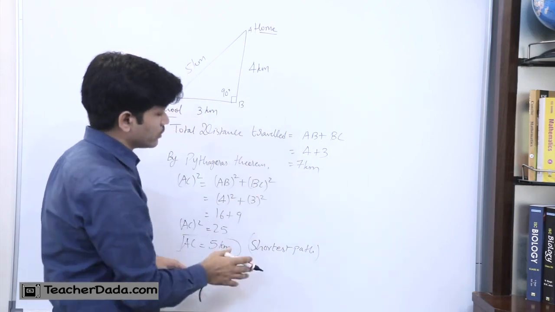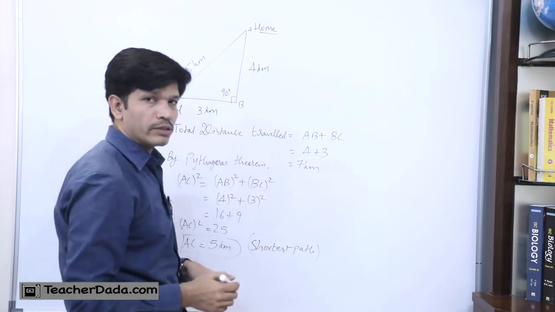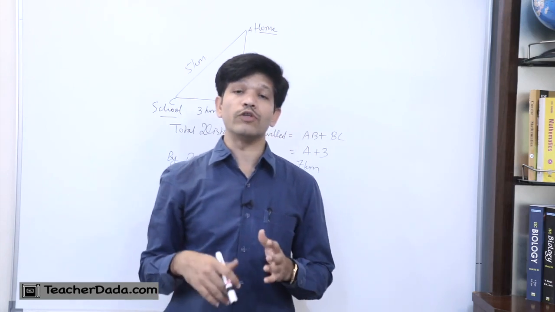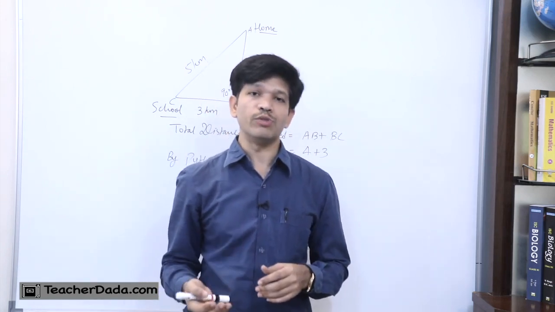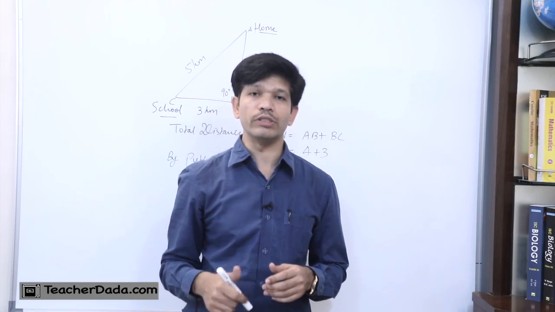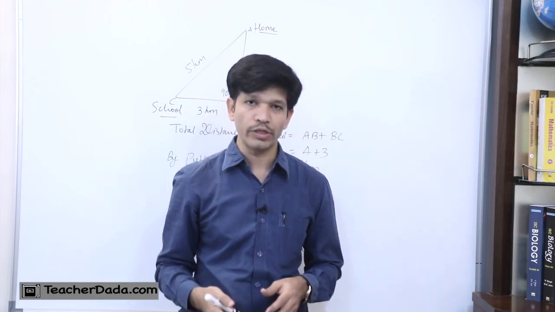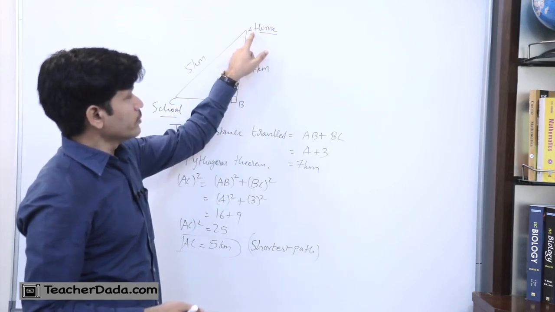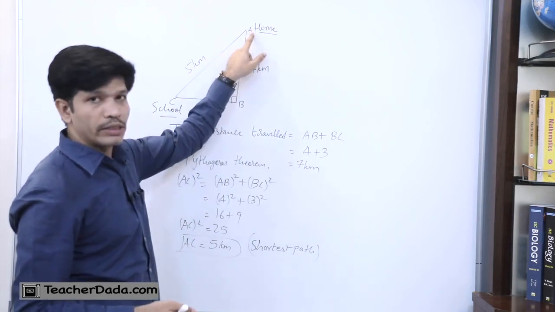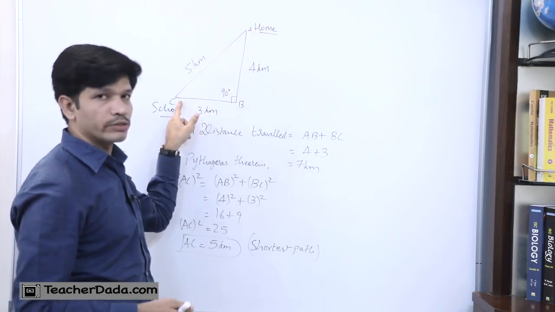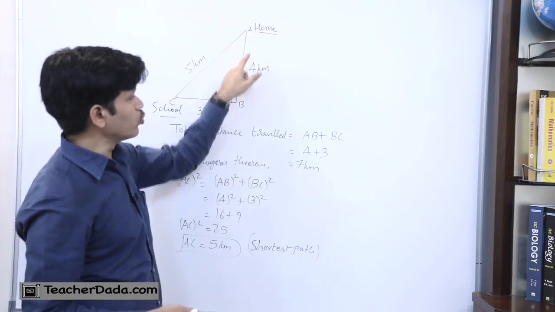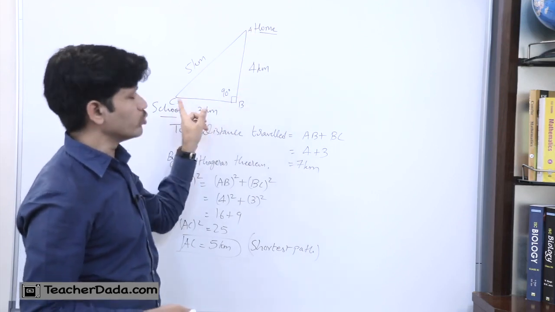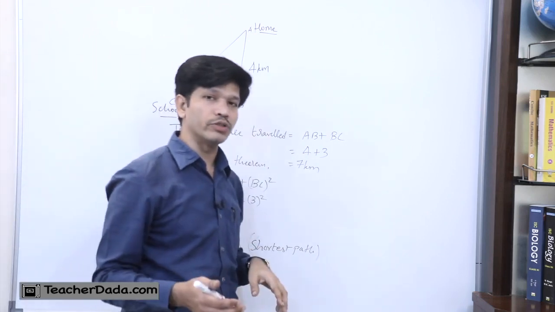So this is one of the main differences: distance is the total distance travelled irrespective of the direction, but displacement depends on the direction because it is a vector quantity, while distance is a scalar quantity. So displacement is the path between the starting and the final point, but distance is the total length covered from the starting position to the end point irrespective of the direction.